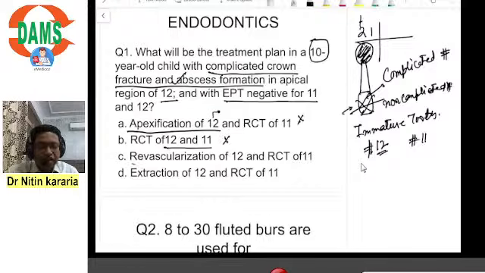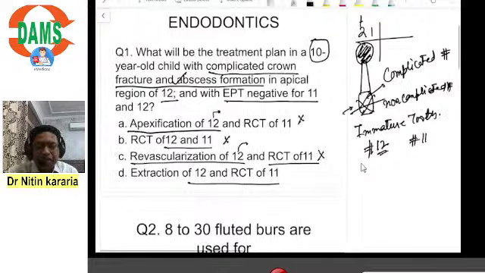Revascularization of 1-2 and RCT of 1-1, and extraction of 1-2 and RCT of 1-1. We cannot do revascularization of 1-2. We have seen that the tooth is having a complex fracture of the crown with a periapical abscess, so the revascularization would likely be unsuccessful because the coronal seal cannot be maintained. So again, this option is ruled out.